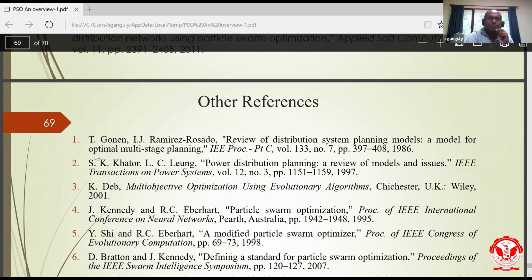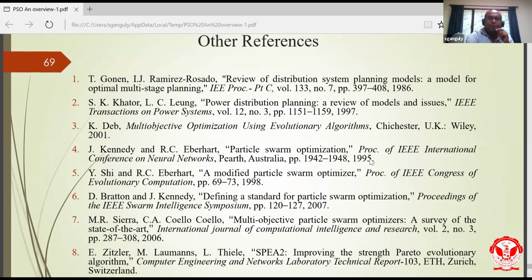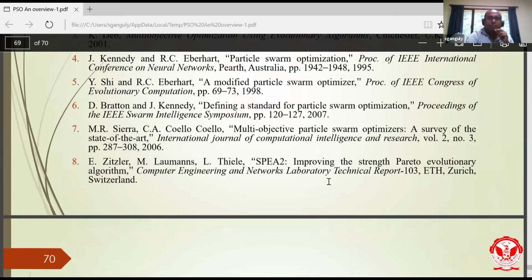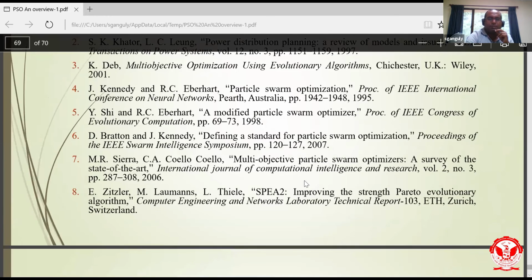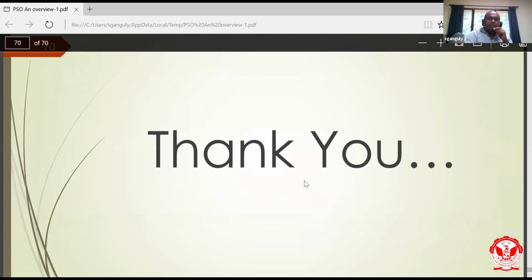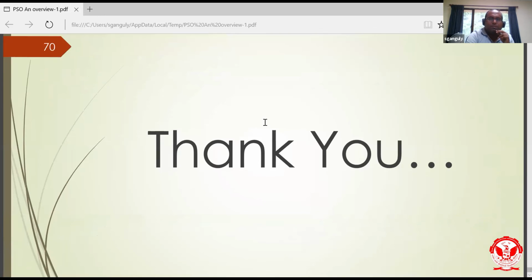For example, reference number 4 is the first paper for PSO, proposed at a conference in Perth, Australia, in 1995. Then there are some papers which modify this approach, and some superior approaches also. This is where you will get the SPEA2 concept. Finally, thank you very much for following this lecture. I'm happy to take your questions.